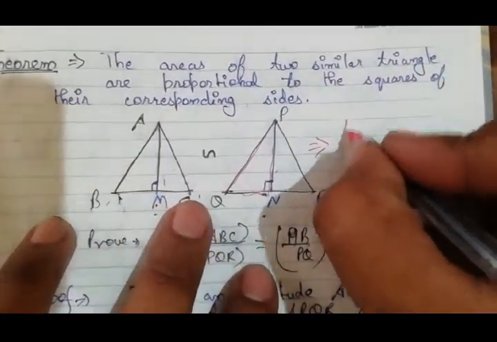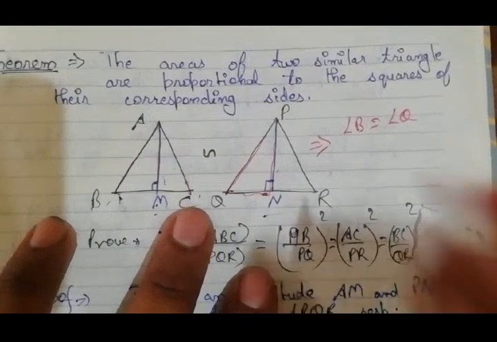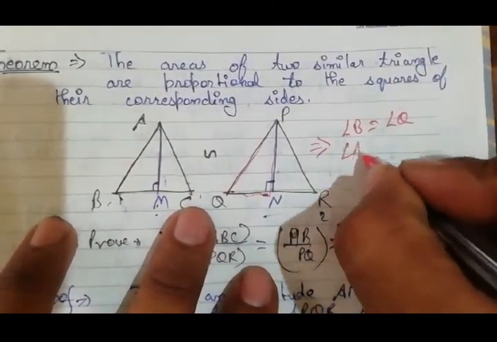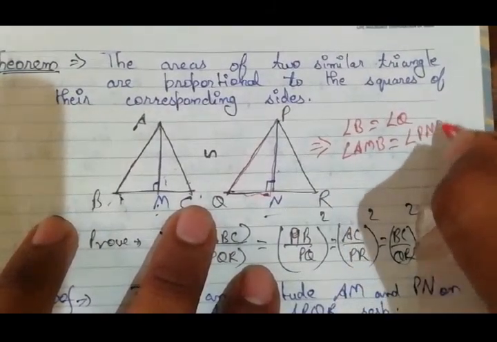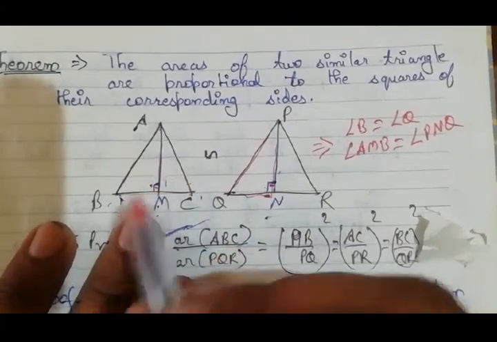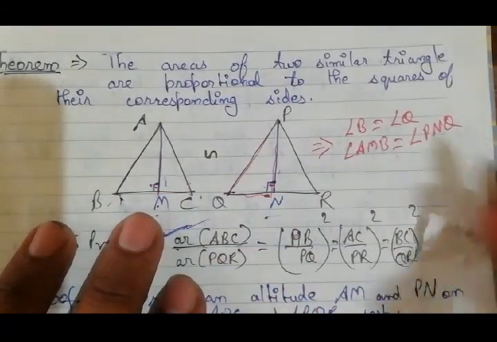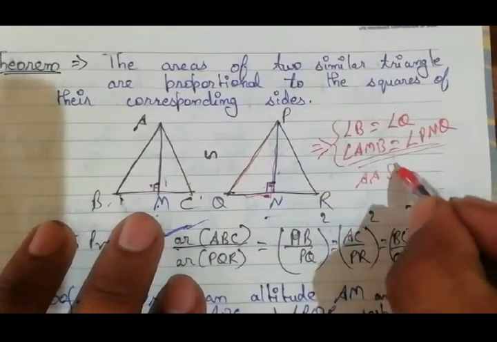This gives us the conclusion that angle B is equal to angle Q. Okay, and also we have angle AMB is equal to angle PNQ. Okay, because both of these are altitudes, it means the angle is 90 degrees. Okay, so by this we have angle similarity.